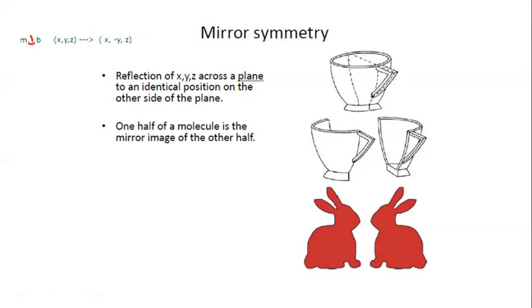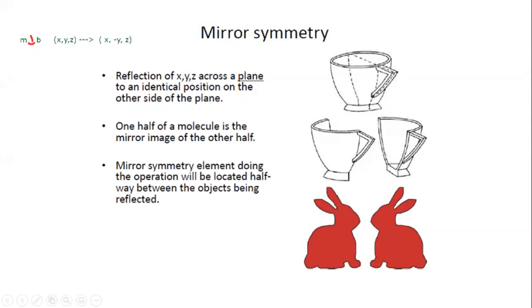So you could have a mirror plane on a molecule, so you would have a reflection, it would generate the other half of the molecule. It could also be that the mirror plane is in a region of space, so you would reflect another molecule to generate the other part of the symmetry equivalent positions.